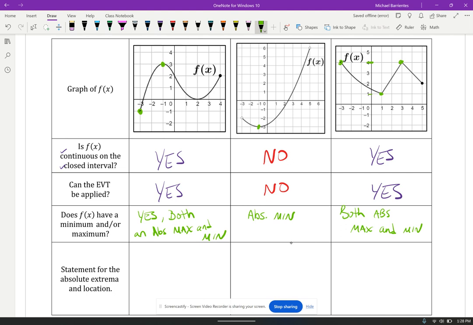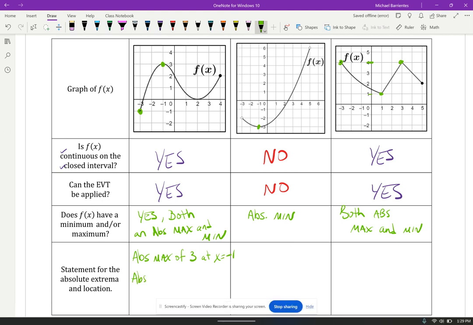And so therefore, I'm going to write the statement for the absolute extrema. Okay? So there's an absolute max of, what is the absolute maximum? The absolute maximum is 3. That's the y value. That's the function value at x equals -1.